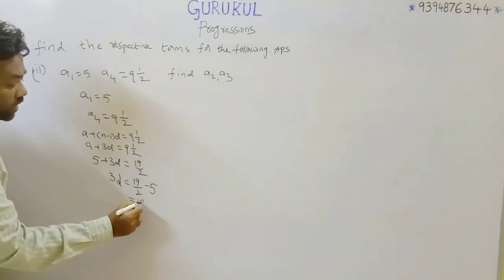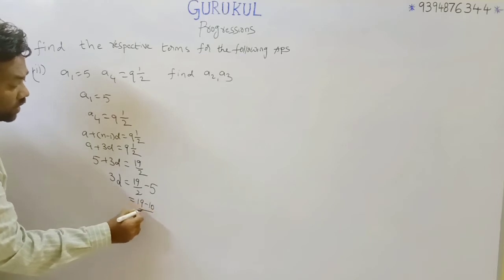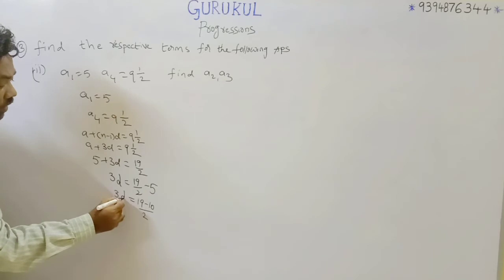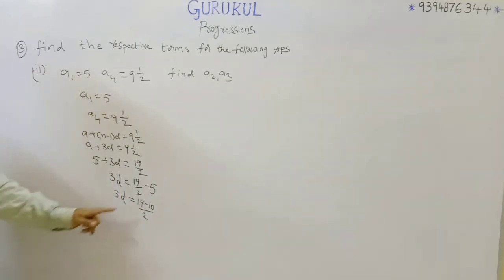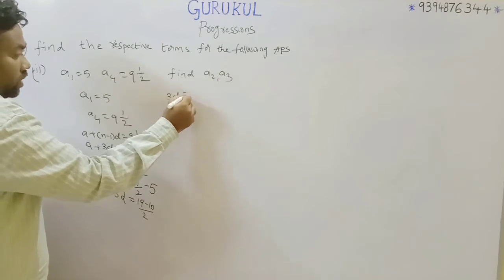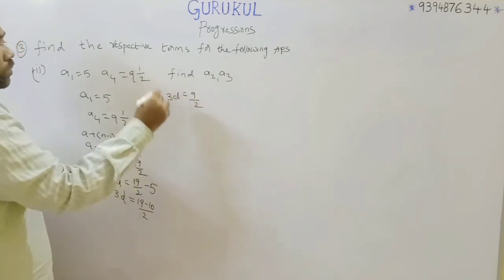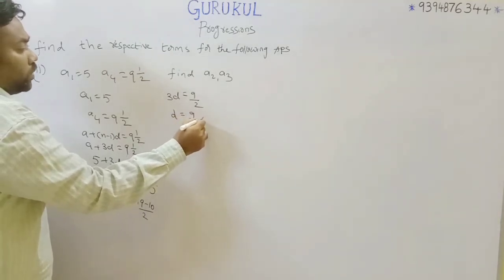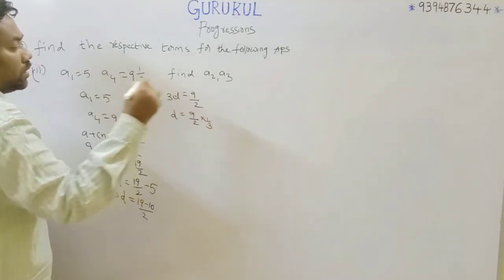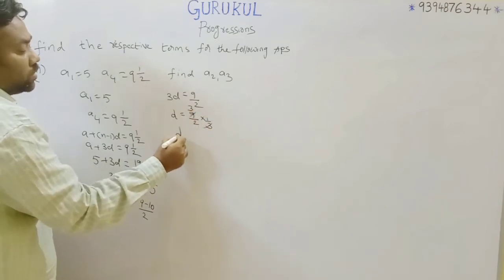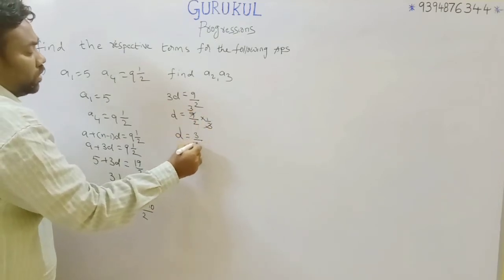So 19 minus 2 into 5, 10, by 2 equals 3d. 19 minus 10, 9. So 3d equals 9 by 2. d equals 9 by 2 into 1 by 3. The 3 cancels. So d equals 3 by 2.